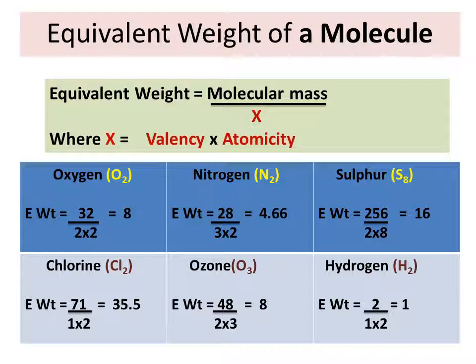So again it is 8 in ozone also. In case of hydrogen, molecular weight of hydrogen is 2, its valency is 1, atomicity is 2, so 2 divided by 1 into 2, this is 2 upon 2, and that is equal to 1. So this is how we are going to calculate the equivalent weights of simple molecules.